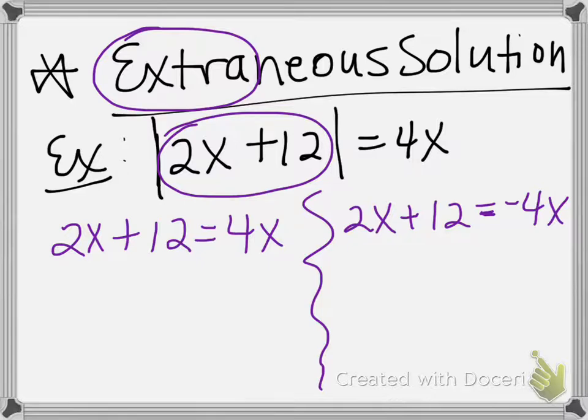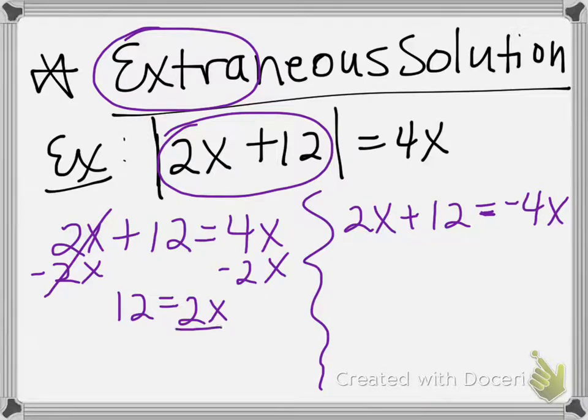Okay, so this is slightly different because now we have variables on both sides. For the left-hand side, I'm going to subtract 2x. And that gives me 12 equals 2x. And then I divide by 2, divide by 2, and I get x equals 6. So that's the first solution.